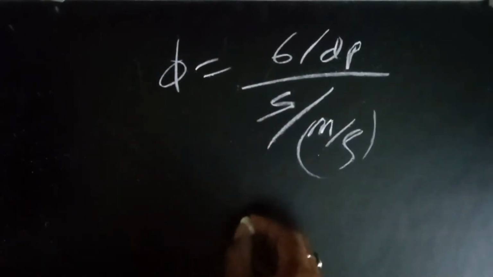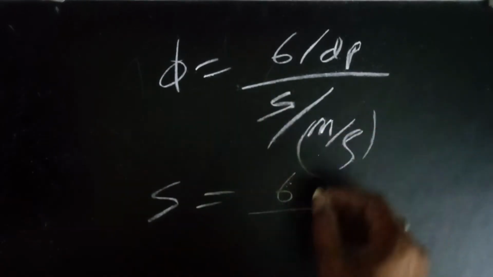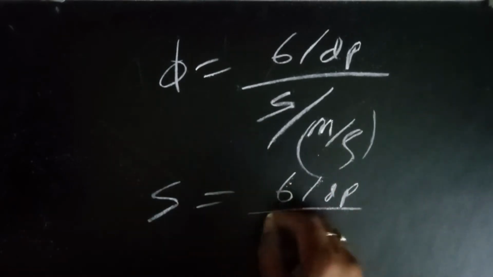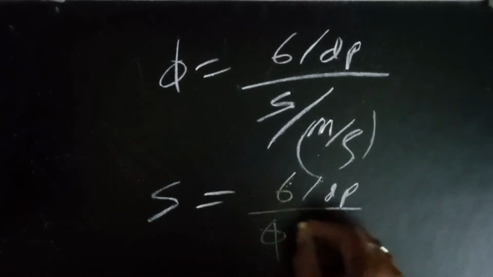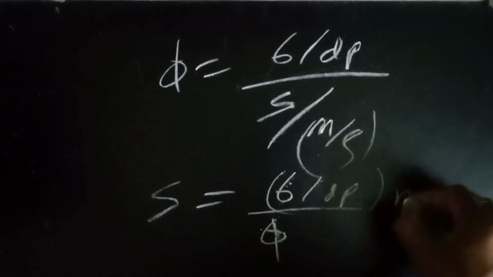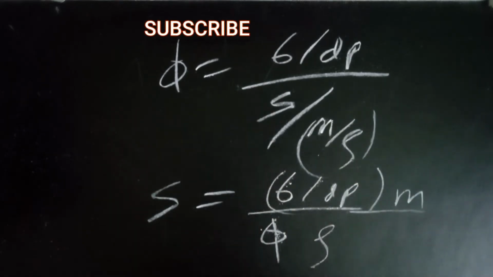So S goes up here, so 6 by dp, and sphericity comes down, mass also comes down, and density goes up here.